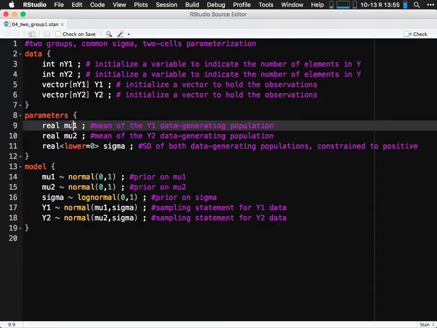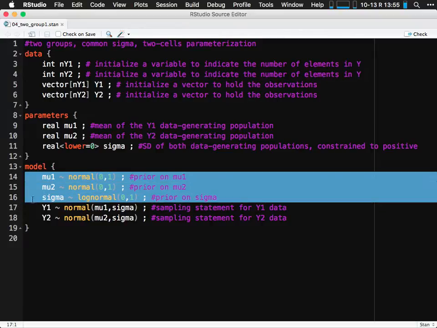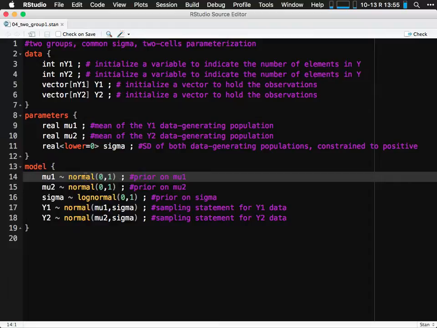Now, with each of these three unknowns, these three parameters in our generative model, we can express our priors for those parameters. So this actually is going to look a little different from what you have because I've done something a little different.